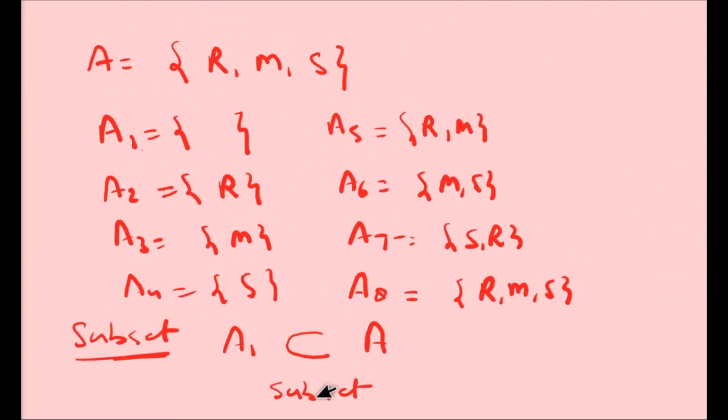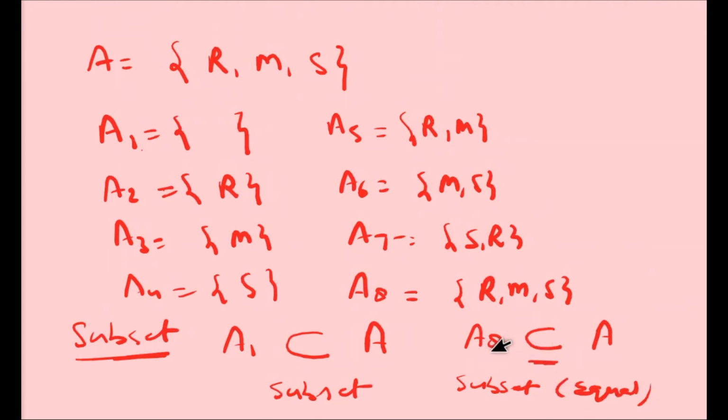A1 is a subset of set A. And here we can see A8 is a subset of set A, but also equal. So this is equal also. So we can write subset and equal. This is subset and equal.